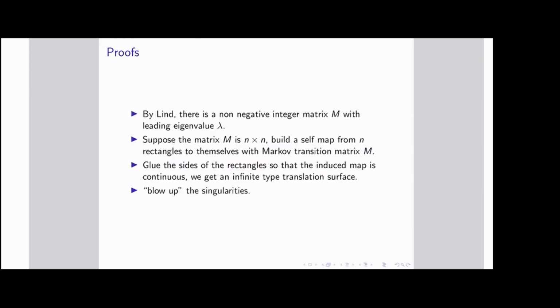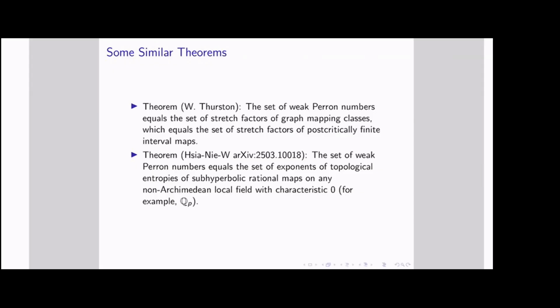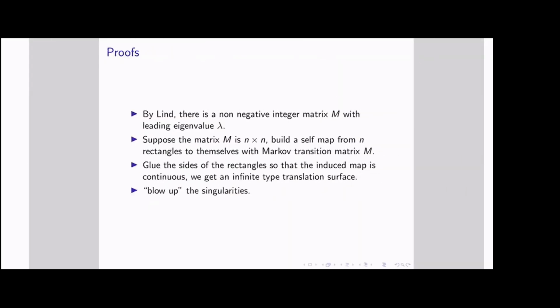So the proof is, in some sense, maybe closer to the results in Thurston's entropy in dimension 1. So the first step is that by some classical theory, a theorem by Lind, if we have a weak Perron number, then we can always write down a non-negative integer matrix where the leading eigenvalue is just lambda, or basically the spectral radius is going to be lambda.